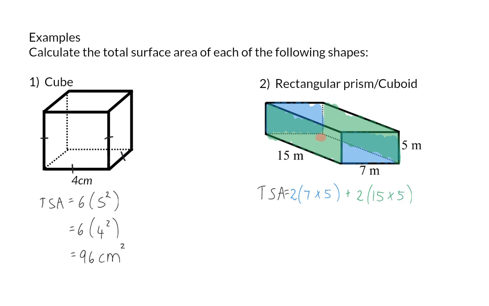And lastly, we have the rectangle at the bottom, which is a 15 by 7 rectangle, and another identical one at the top. So we need to add the last 2, and they are 15 by 7 rectangles. And now we have the area of all 6 rectangles, and adding this up, you will see that the total surface area is 430 meters squared.